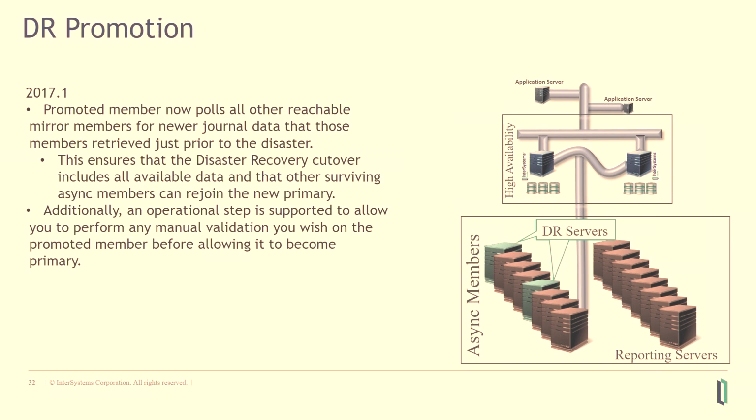And we also allow for an operational step before this, just if you want to manually validate anything on your DR before it becomes primary and you let users onto it.